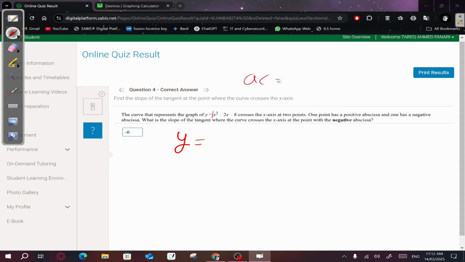So AC is equal to 1 times -8, which gives me -8. So I need to split only the b term so that it multiplies to -8, and it splits up in a normal way.